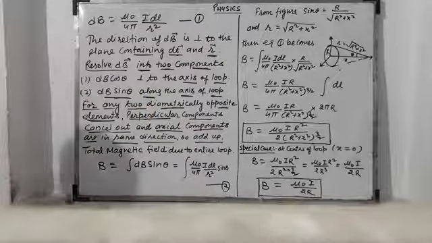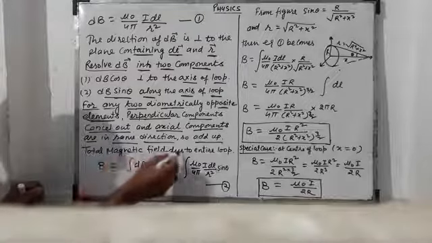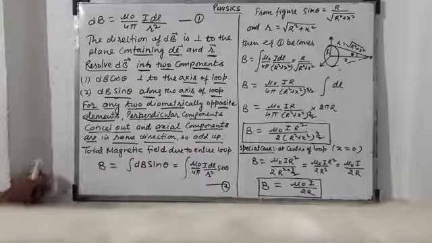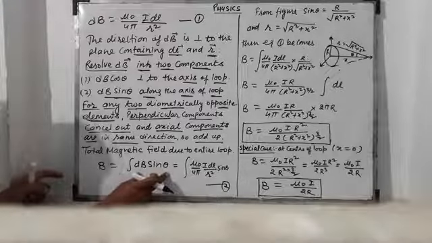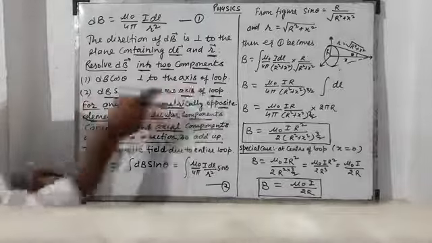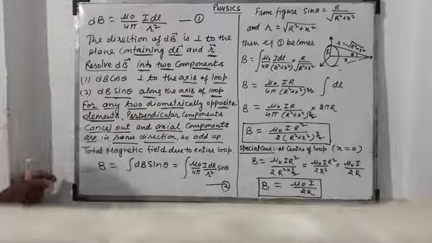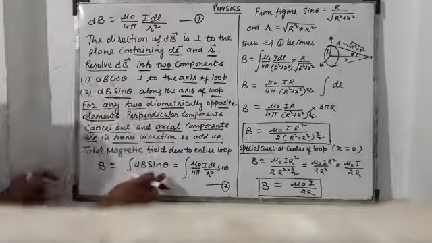Now this is for two diametrically opposite elements. But if we are calculating the total magnetic field due to the entire loop, then we take the integration of the axial component, that is dB sin theta.